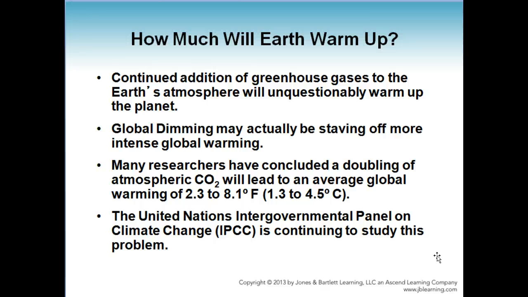Many researchers have concluded a doubling of the atmospheric CO2 will lead to an average global warming of 2.3 to 8.1 degrees Fahrenheit. The United Nations Intergovernmental Panel on Climate Change is continuing to study this problem.